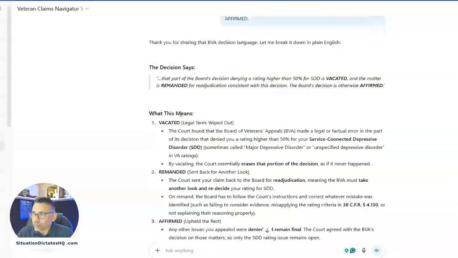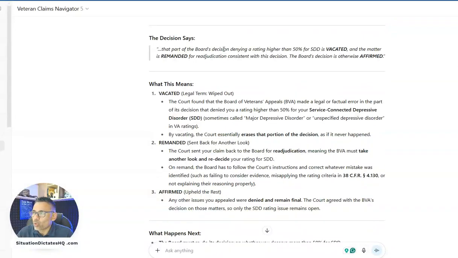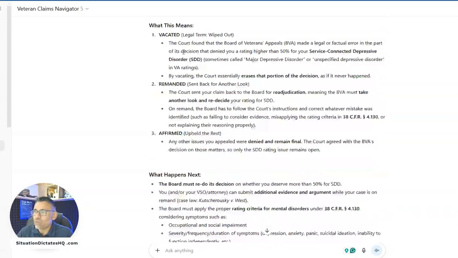So here it says that in part, the Board's decision denying a rating higher than 50% for SSD is vacated and the matter is remanded for re-adjudication consistent with this decision. The Board's decision is otherwise affirmed. So what does this mean? Vacated, legally termed, wiped out.